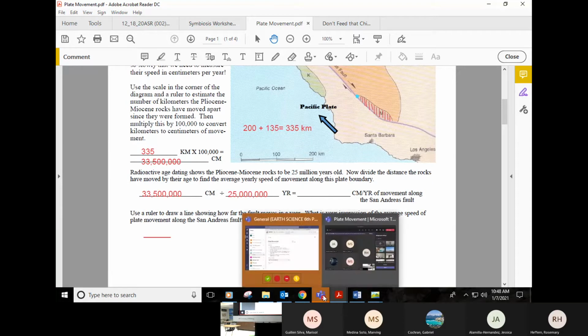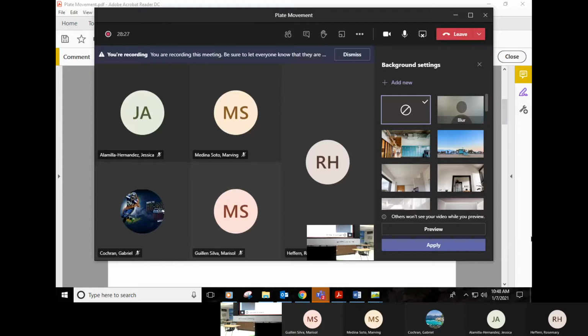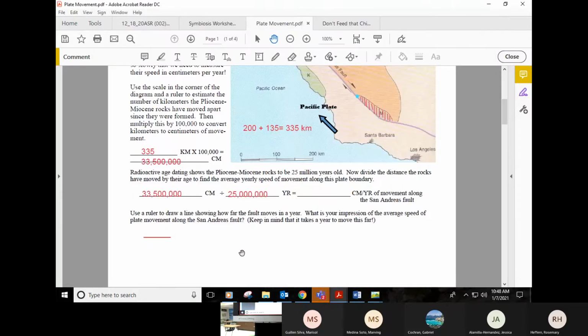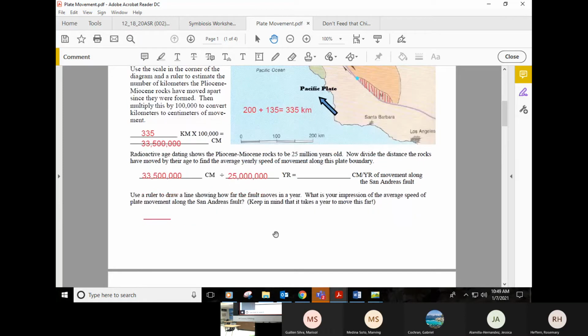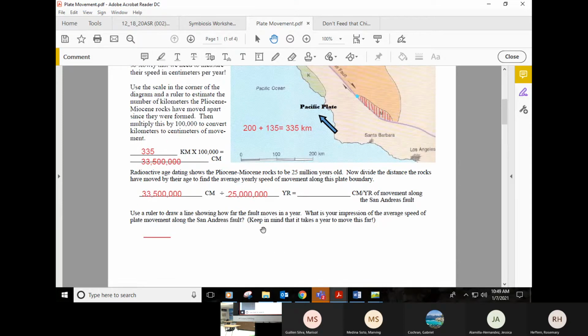That's what we're looking at here. What's your impression of that speed of movement? Give me a thumbs up when you're ready to move on to the next page.